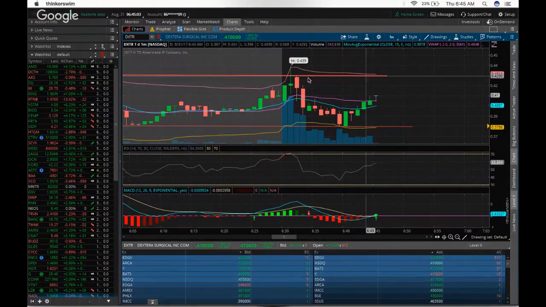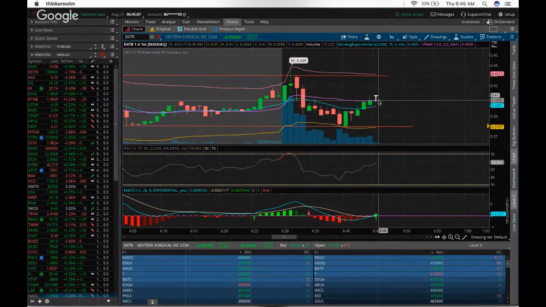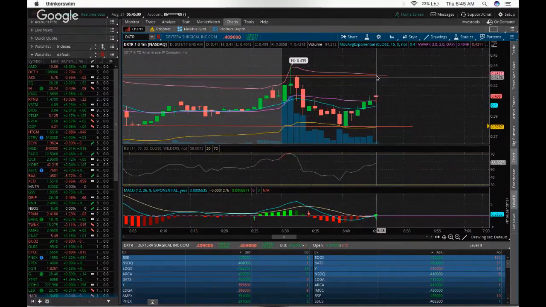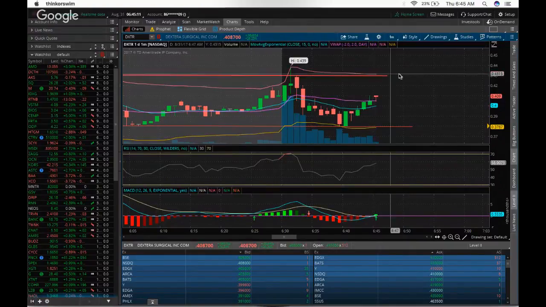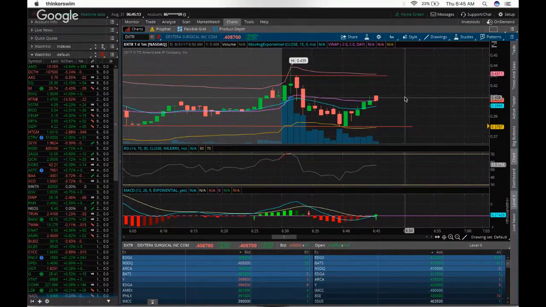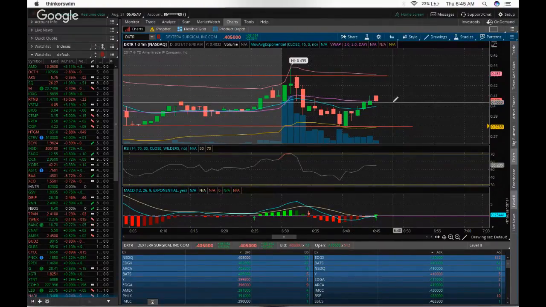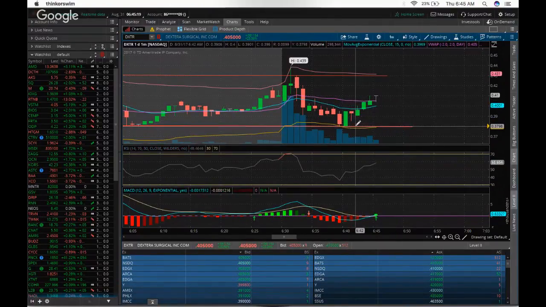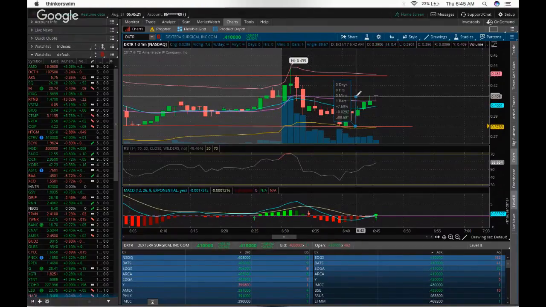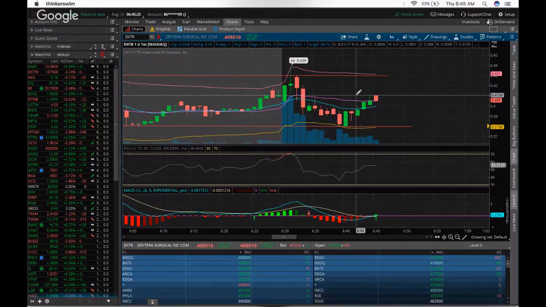Overall resistance, if you can see where it peaked out, it peaked out at 44. It did have a pretty solid resistance at about 43, and that's where the red VWAP line is. So just make sure that you guys are aware of that. Oh, what's up, bud? But right now, from the bounce at 38 from my call out to where it's at right now, it's about up 8%. So that's a pretty solid gain so far.